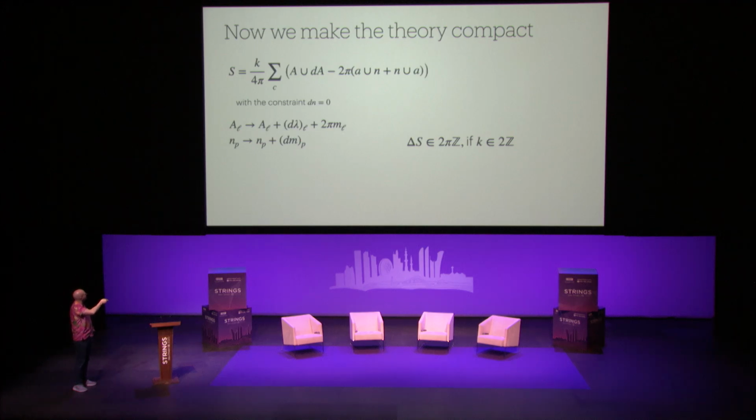And you can check that as long as k is even, then this action is invariant, or rather it's 2 pi times an integer, which means when you exponentiate it with an i, the weight of the path integral is invariant.